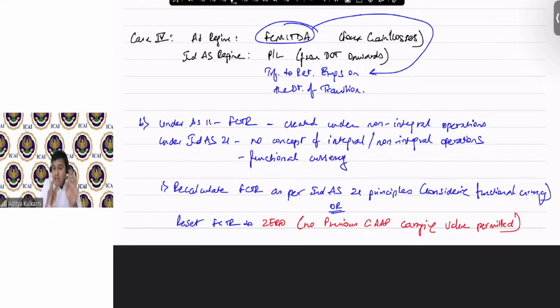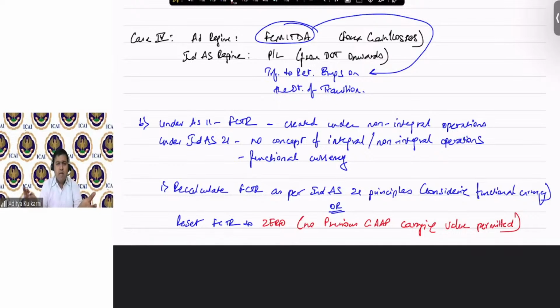But integral, non-integral operations are not there under Ind AS 21. We do not segregate saying that if it is an integral operation, take a different exchange rate. We do not segregate saying that if it is non-integral, take a different exchange rate. No, that is not there. Integral or non-integral, whatever be the operation, whether it is a branch, whether it is a subsidiary, whether it is an independent branch, you have done branch accounts, I suppose.